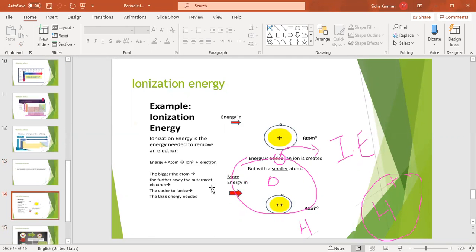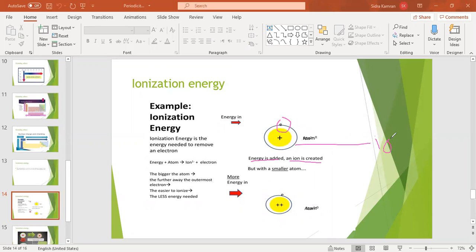Here you can see the structure of the hydrogen atom. If you want to remove this electron, you have to add some energy to make it an ion. By the addition of energy, this electron will be removed and this atom will become an ion.